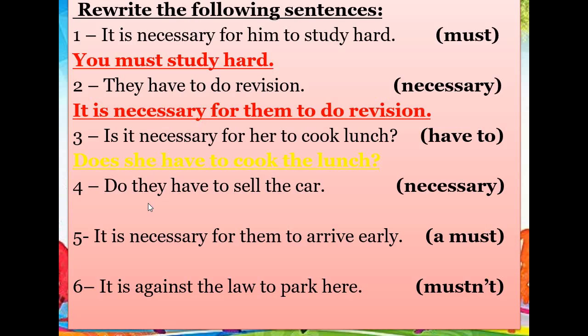Do they have to sell the car? Use necessary. So you're going to form a question as well. We are missing a question mark here. Yes, exactly. Is it necessary for them to sell the car? It's necessary for them to arrive early.